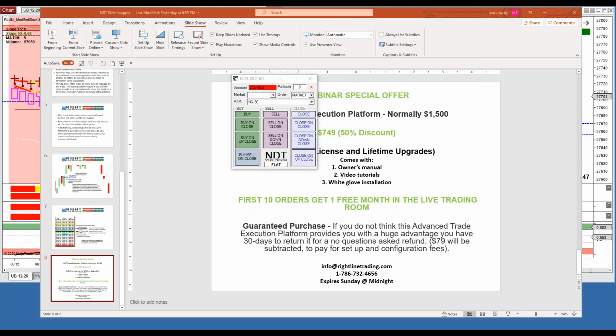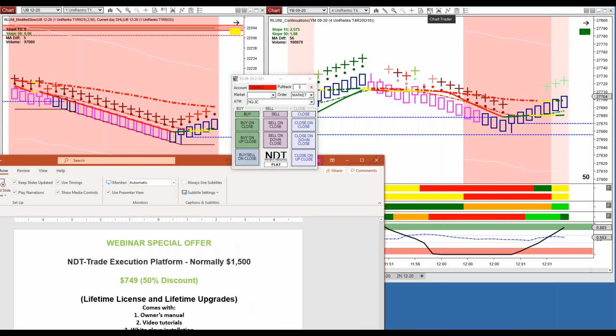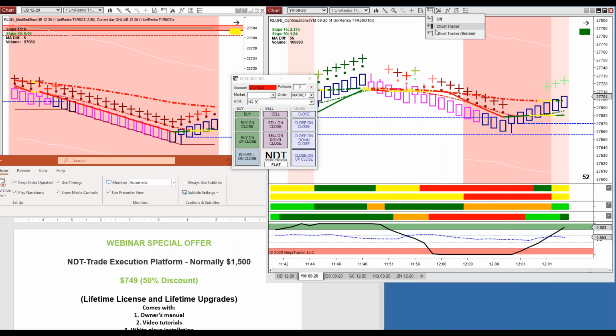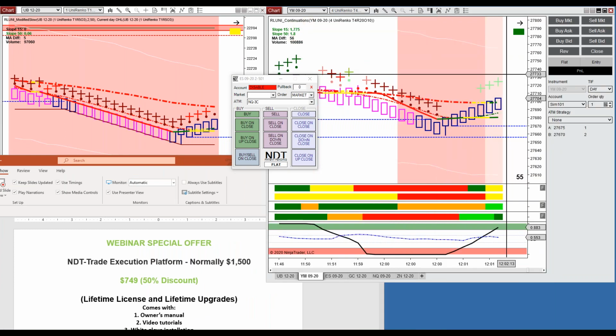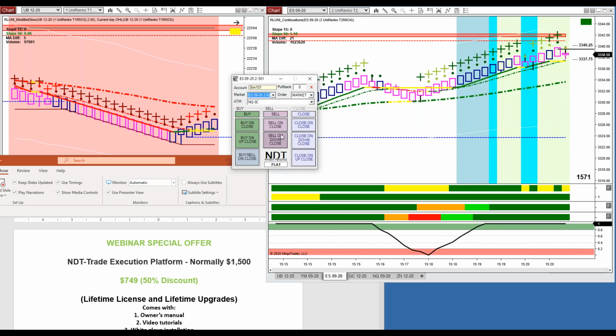And with Chart Trader open here, it shows you everything. So if I enable this, this is just enabled for the ES. And I buy and up close.